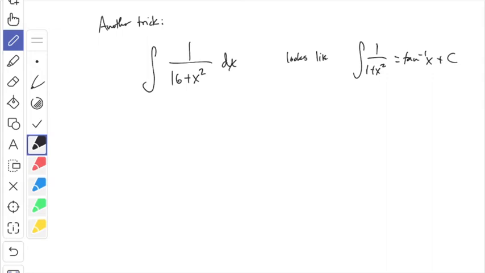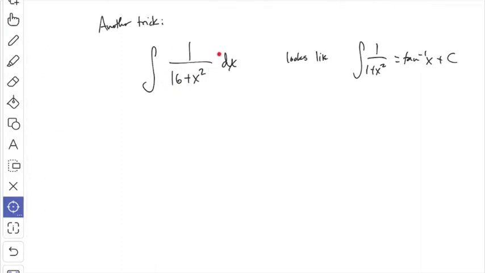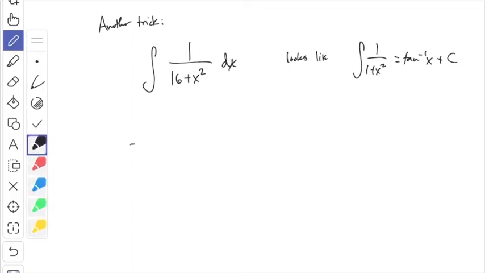And here I think maybe one of the suggestions that somebody said before will actually work in this case. We can divide everything in this whole fraction through by 16. So I'm going to write this as 1 over 16 over 1 plus x squared over 16. That's the same because we just divide the top and the bottom by 16, which doesn't change the value of the fraction.